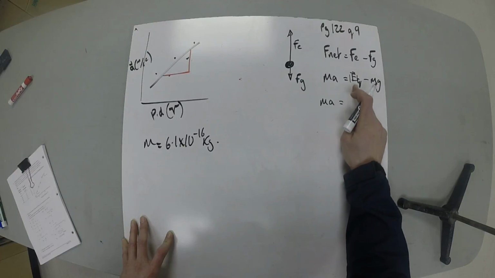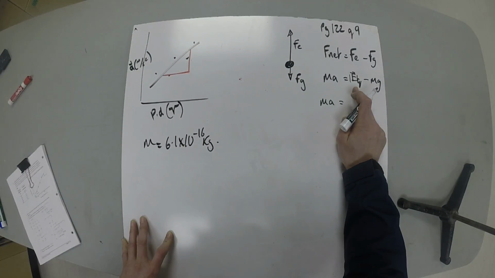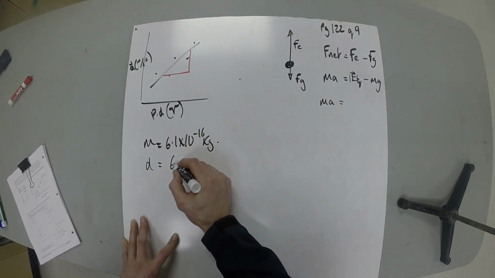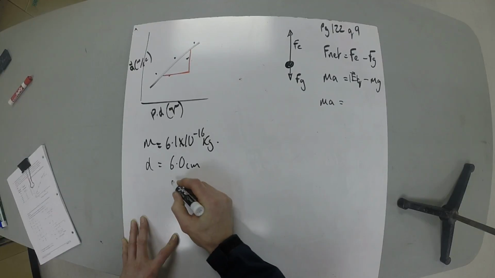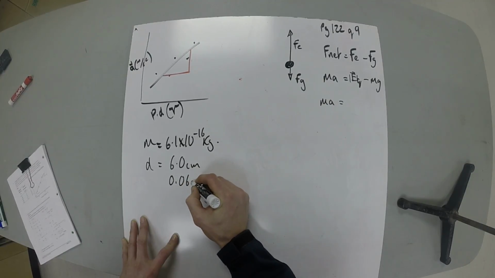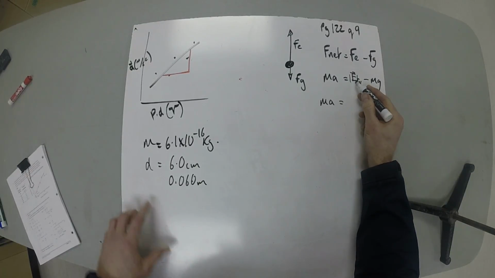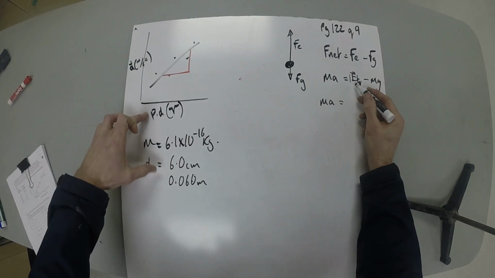We're also given a separation distance of 6 centimeters, or 0.06 meters. So we're dealing with a voltage and a distance.